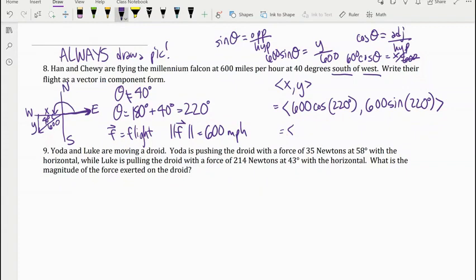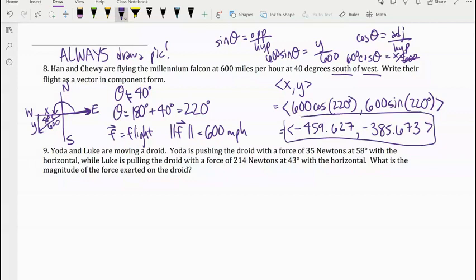So 600 cosine of 220 is negative 459.627. And then the y component is negative 385.673. And then I want you to think about, is this reasonable? Well, if we have a hypotenuse of 600, we're going to have some pretty big x's and y's to make up a hypotenuse of 600, right?